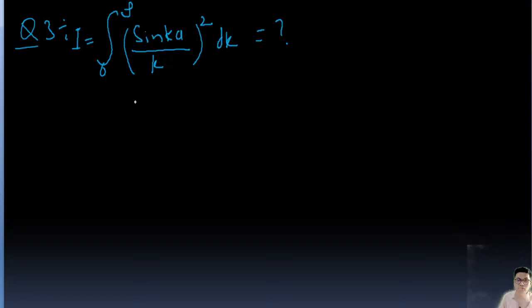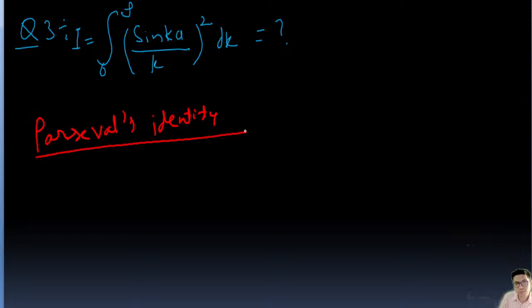So we will use a Fourier identity here, but before that I'm going to explain what the Fourier identity is. There are two identities.